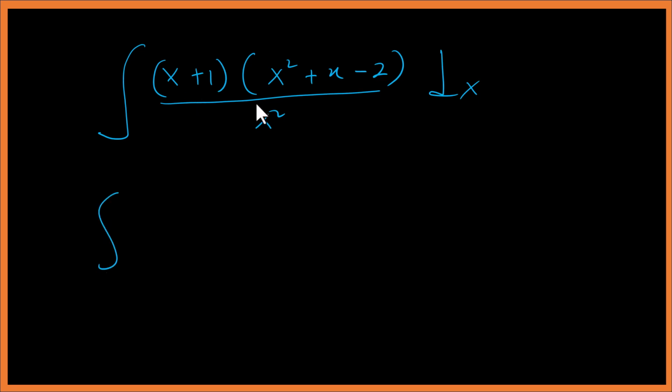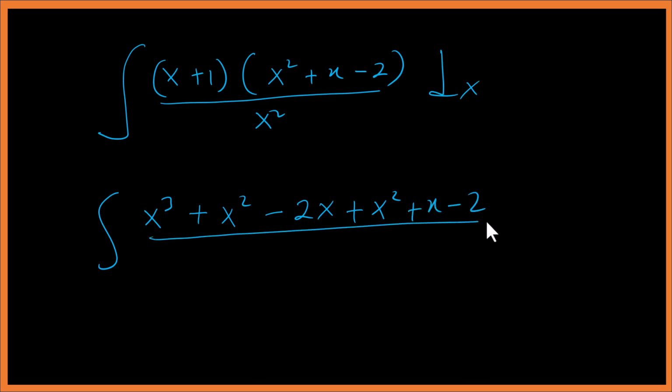That will be x cubed plus x squared minus 2x, and then x squared plus x minus 2, all over x squared.